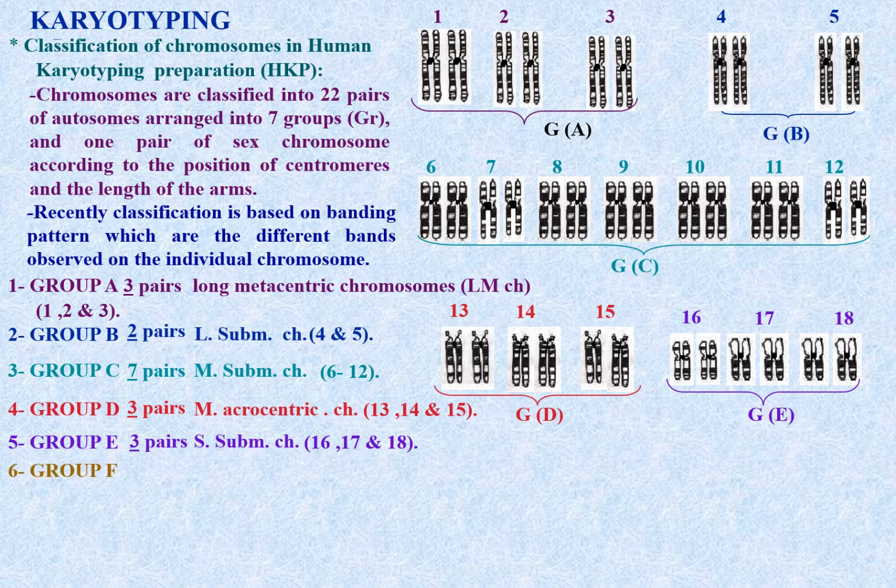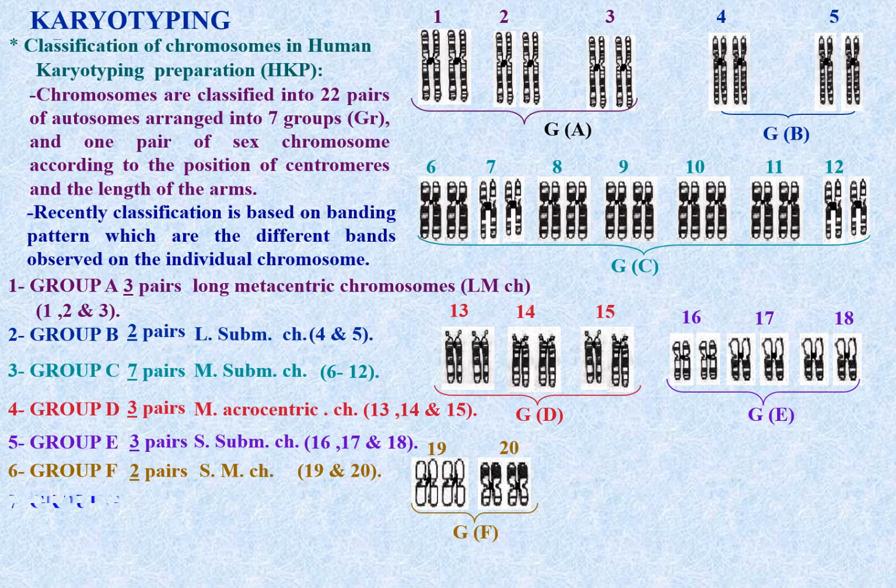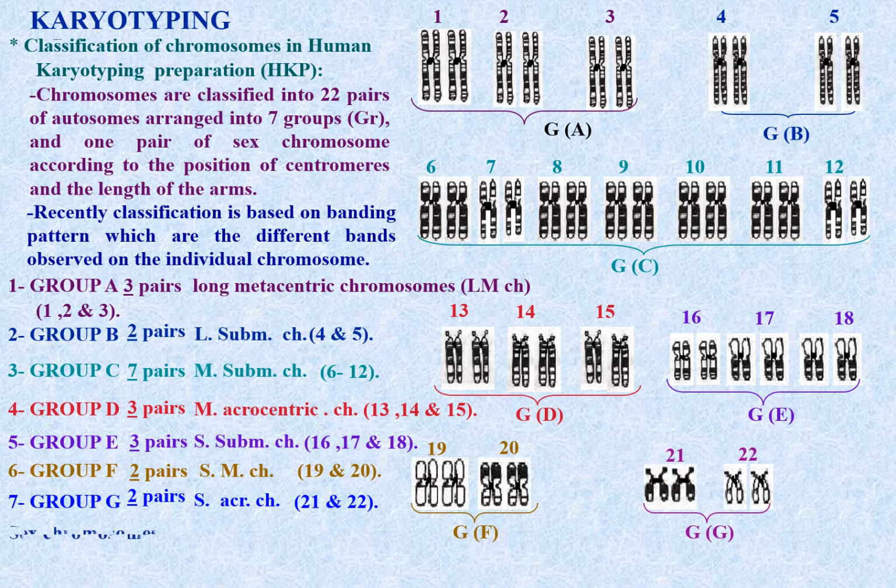Group F includes 2 pairs of short metacentric chromosomes, chromosomes of pair 19 and 20. Group G includes 2 pairs of short acrocentric chromosomes, chromosomes 21 and 22. Sex chromosomes are XY in males and XX in females. The X chromosome is longer than the Y chromosome.